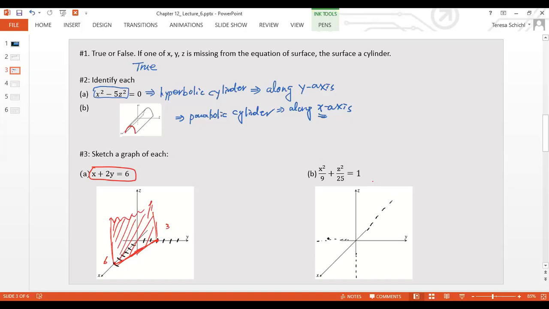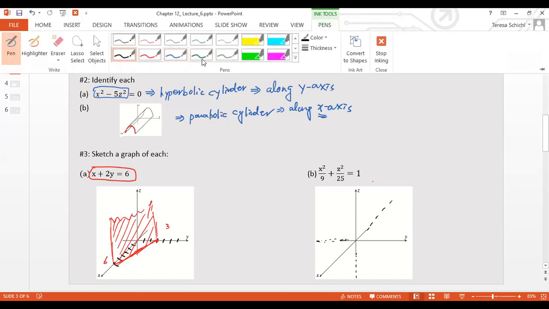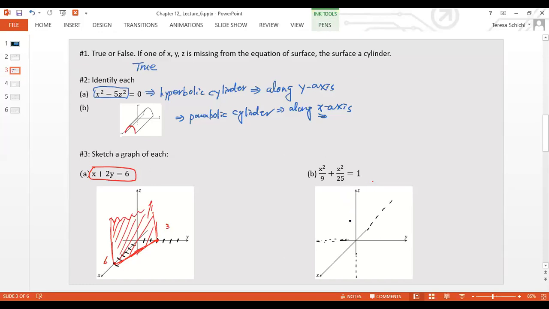Let's extend it. Because it's z and x, the z is going to have 5 units here. So here is something like this.